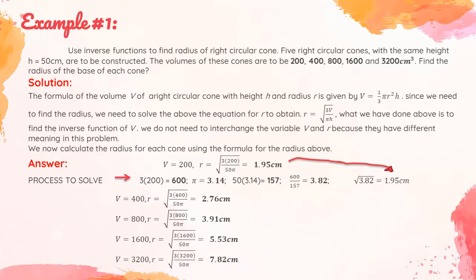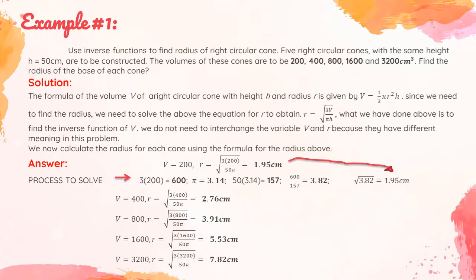Radius is equal to square root 3 times 1,600 over 50 times 3.14 is equal to 5.53 centimeter. Volume equal 3,200. Radius is equal to square root 3 times 3,200 over 50 times 3.14 is equal to 7.82 centimeter.